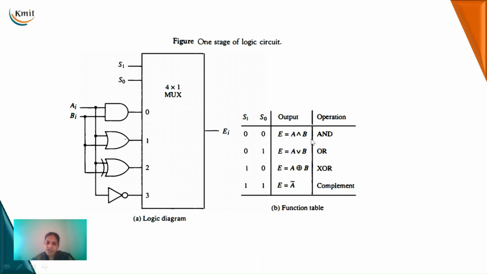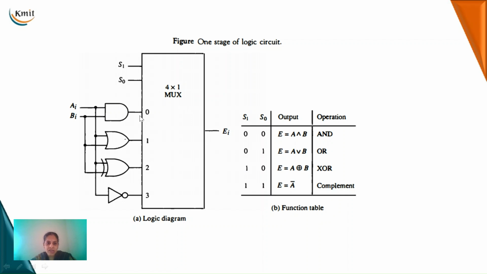Based on the values of S0 and S1, if it is 0 0, it performs an AND operation. The output will be an AND on the contents of A and B. If it is 0 1, it performs an OR operation, and that will be the output E. If it is 1 0, it performs an XOR operation. If both selection inputs are ones, then it performs a complement operation.